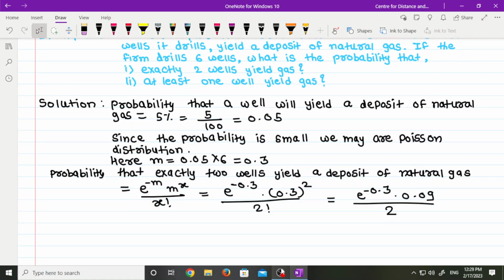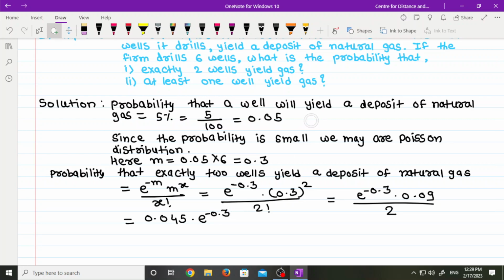Then when we divide 0.09 by 2, we get 0.045, which is equal to 0.045 into e raised to minus 0.3.